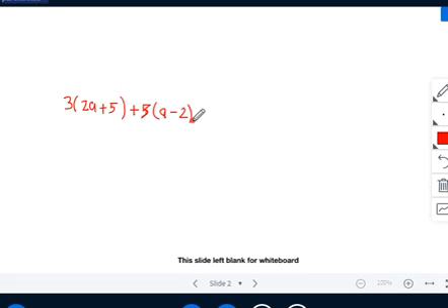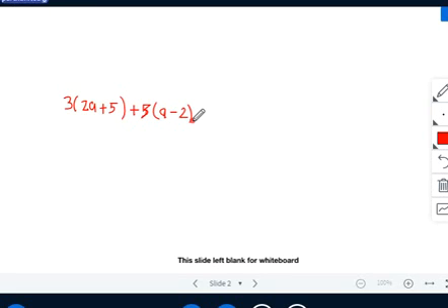So 3 times 2a is 6a, plus 15. Is that 5 there? Yes, 5 outside. It's 5 multiplied by a minus 2. Okay, so 5a minus 10.